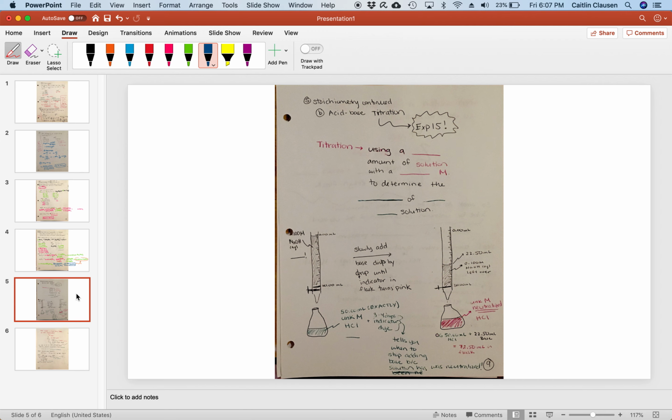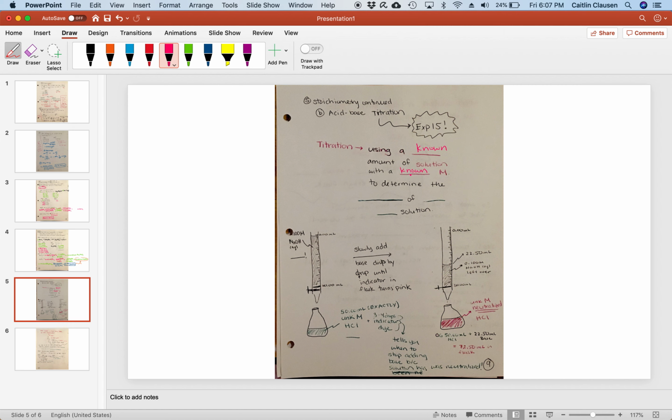Right, the final type of problem from chapter 12 is acid-base titrations. This is what you're going to be doing in experiment 15, which is coming up pretty soon. So I just wanted to give you a quick overview of these. A titration is a specific type of lab technique where you're using a known amount of a solution, and that known amount of the solution has a known molarity.